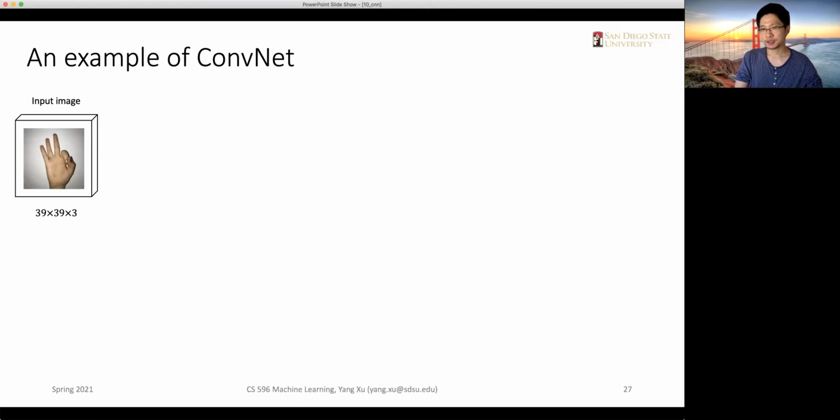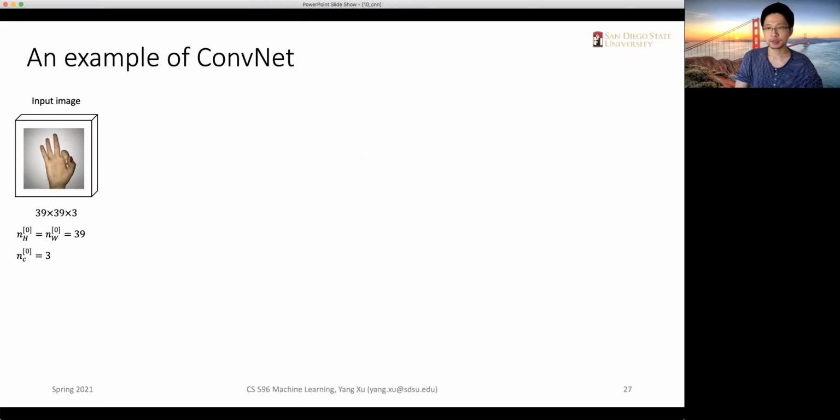This example is inspired by a very early example called LeNet, proposed in 1998 by Yann LeCun. We will make some changes by not using the pooling layers. This is just a simple demonstration of how convolutional layers can be used for image classification tasks.